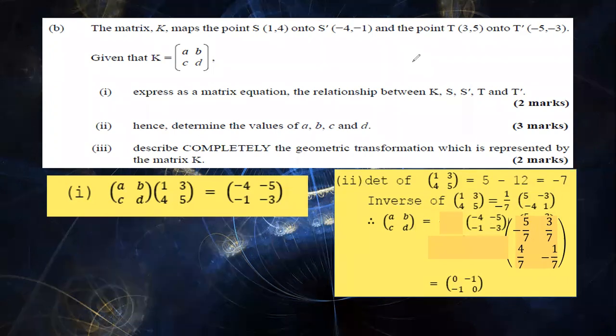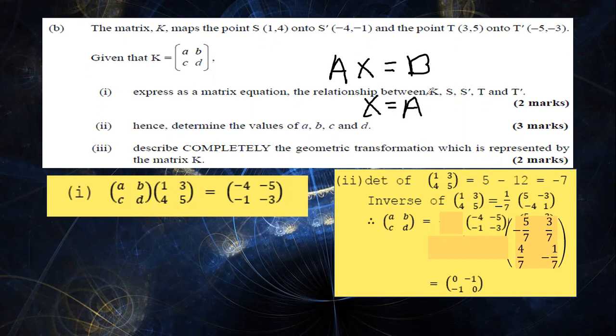The usual is this: AX is equal to B, so X is equal to A inverse times B. But in this case, because the X, the unknown, is on the left-hand side, it's like this: XA is equal to B. So to find X, you say X is equal to B multiplied by A inverse.